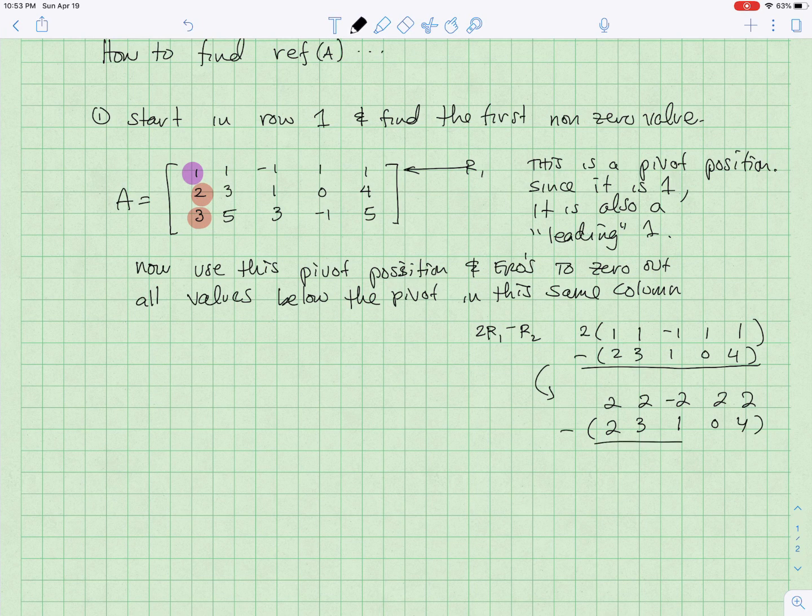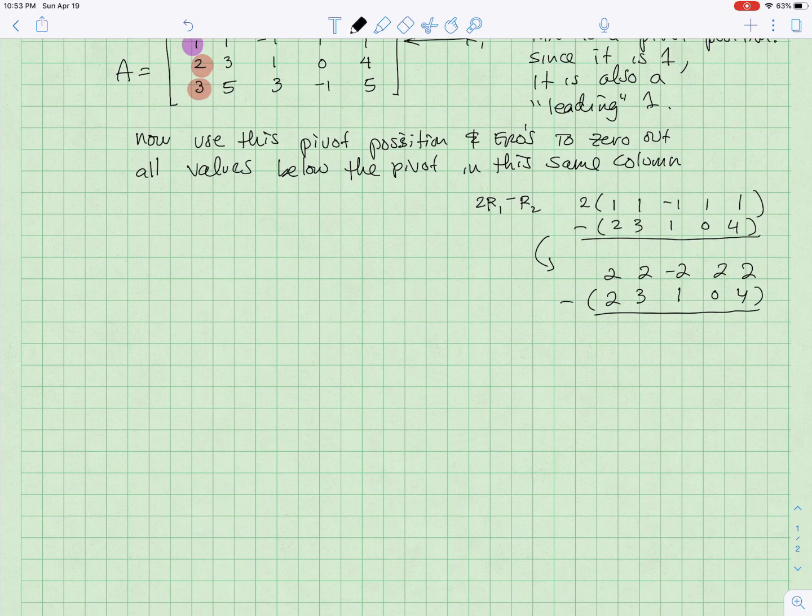We subtract, and that gives me 0, negative 1, negative 3, 2, negative 2, and that would be my result.